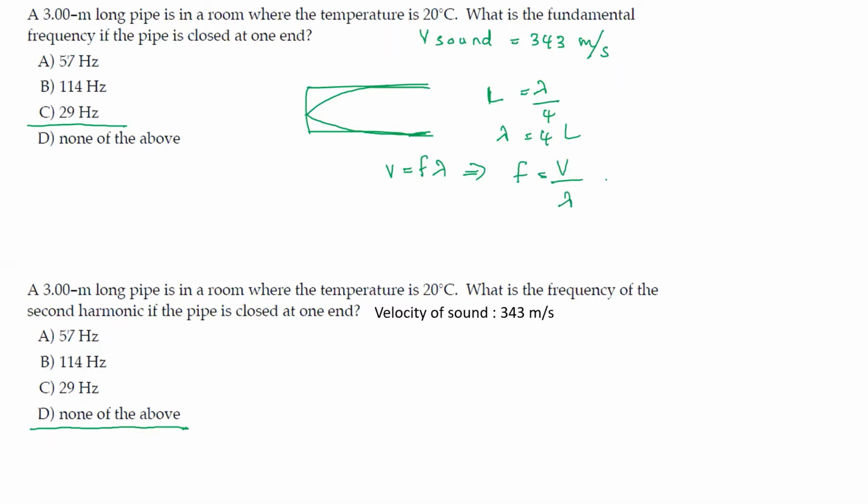Velocity of sound is 343, and lambda is 4 times L, which is 12. So when you divide 343 by 12, you get 28.6 hertz. So your answer is 29.